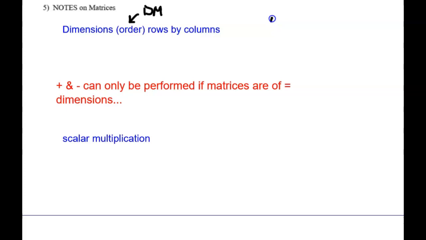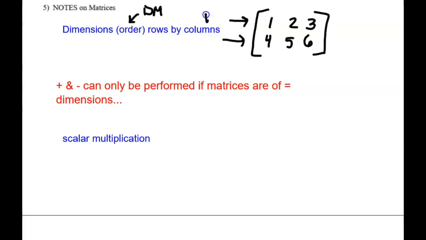So a row runs this way. 1, 2, 3. That is a row. 4, 5, 6. Okay. So rows go this way. Columns go up and down. So this has 2 rows by 3 columns.